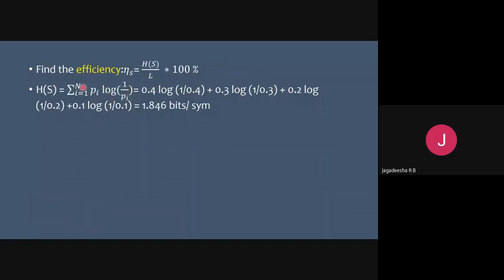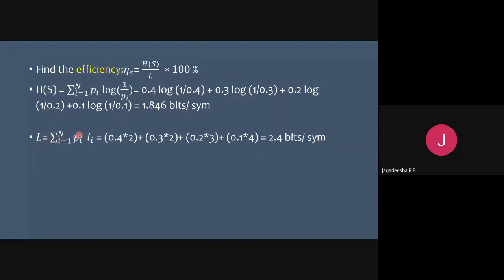What is pi? 0.4 log of that. Second message, 0.3 log 1 by 0.3, 0.2 log 1 by 0.2, and so on. So for all these 4 messages, you are finding pi log 1 by pi and adding it. That value comes to 1.4846 bits per symbol. And then what is L? L is nothing but the length by considering the probability.